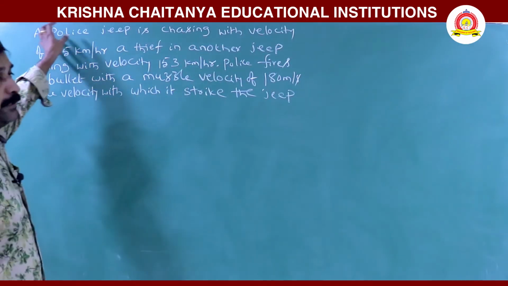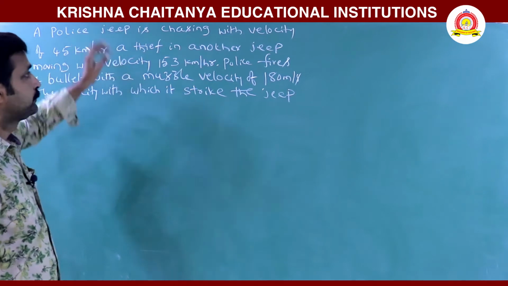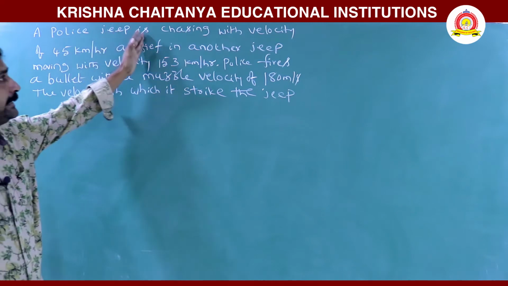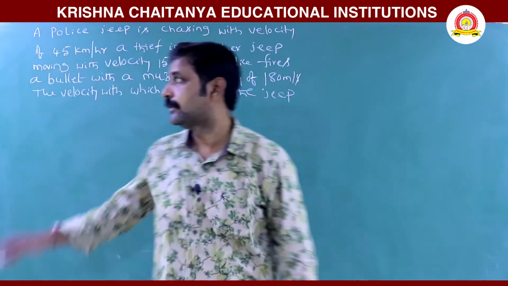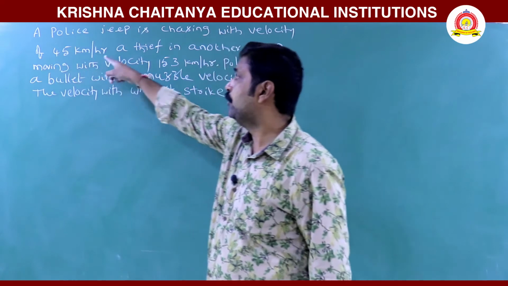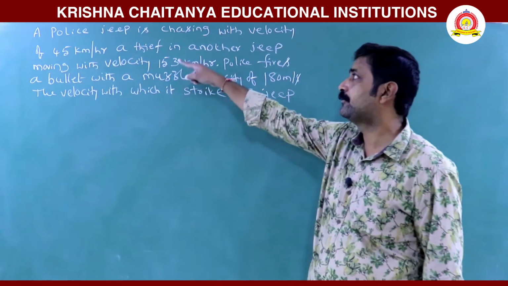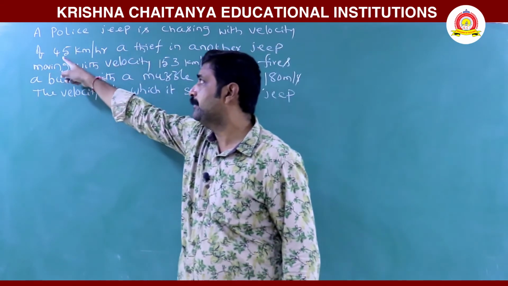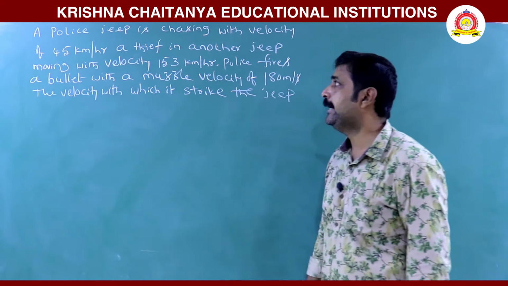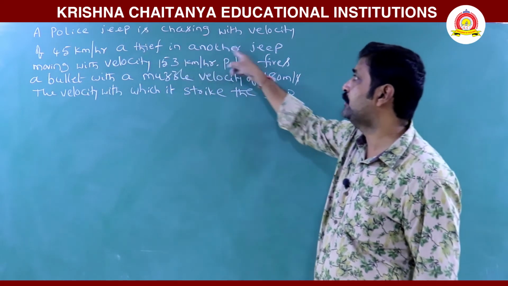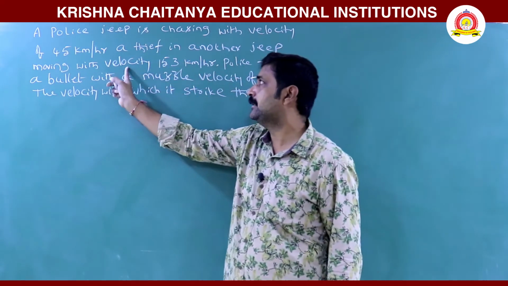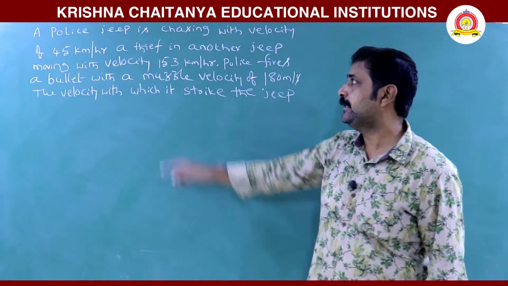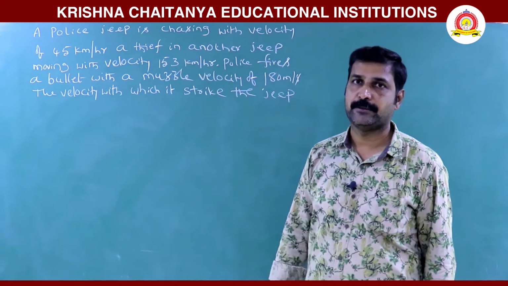Fine. Here is another problem on relative motion. A police jeep is chasing a thief with a velocity of 45 km per hour. The speed of the police jeep is 45 km per hour, and the thief is in another jeep moving with a velocity of 153 km per hour.